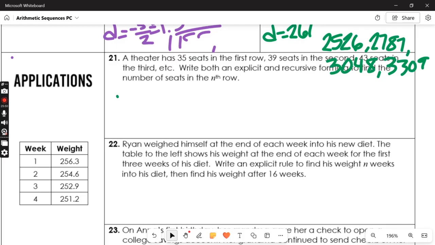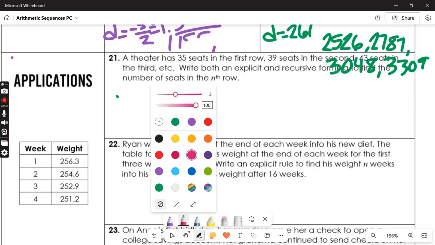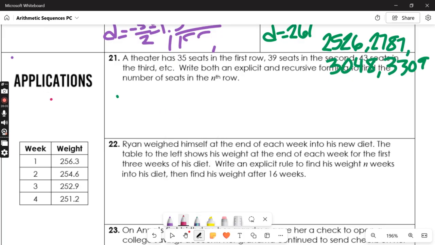Okay, so what's happening each time? So 35 to 39 is 4, 39 to 43 is 4, so it looks like it's adding 4 each time. So if I'm adding 4 each time, my recursive, I would say A1 is 35, and then AN is my previous term plus 4.